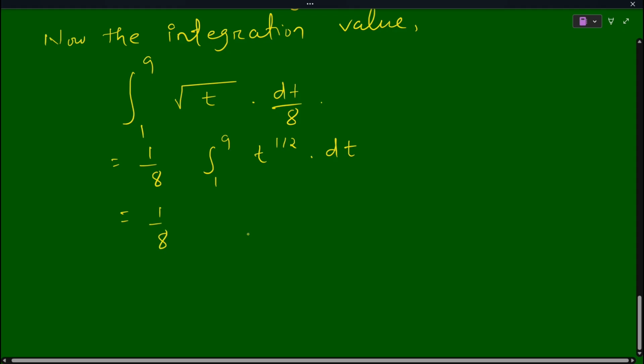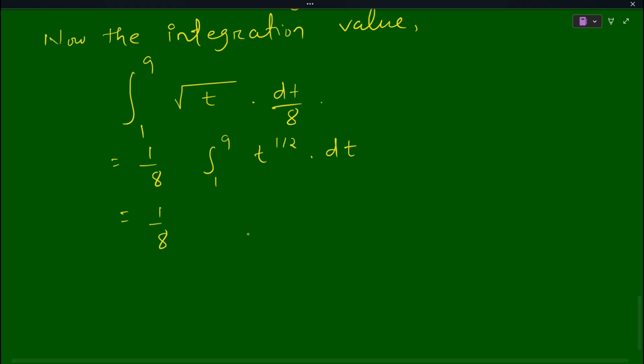Okay, so now after integration we will get t to the power half plus 1 by half plus 1. You can remember the general formula: the integration of x to the power n is equal to x to the power n plus 1 by n plus 1. So instead of x, I have used t here.